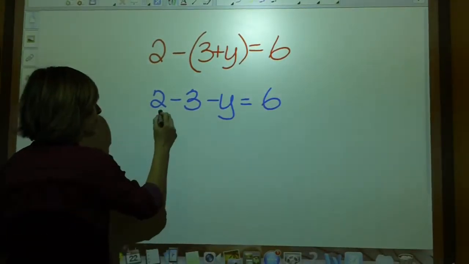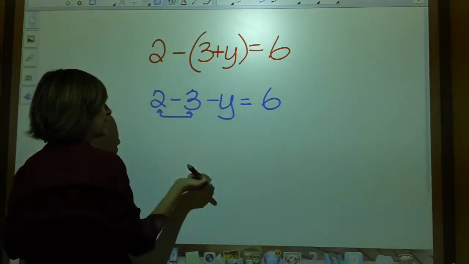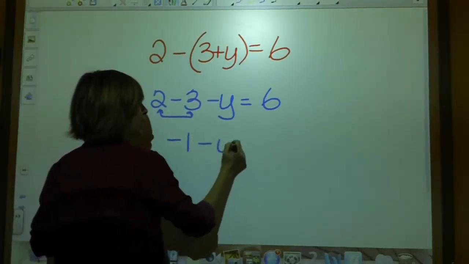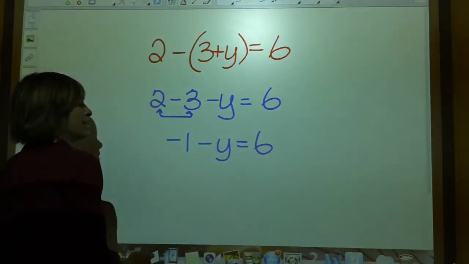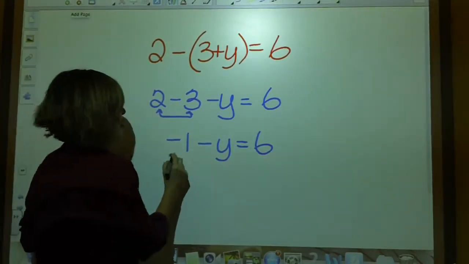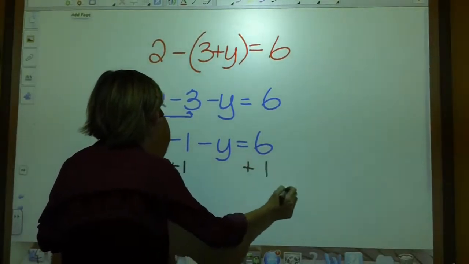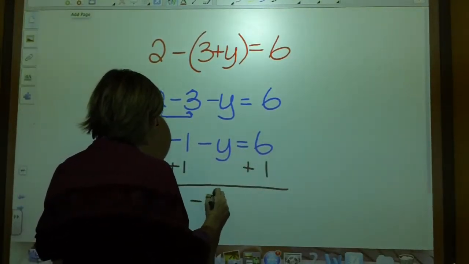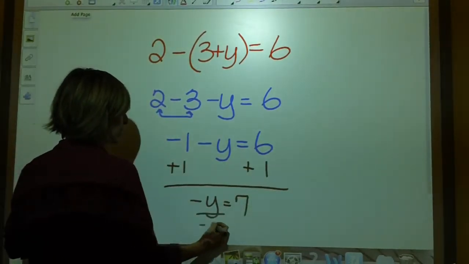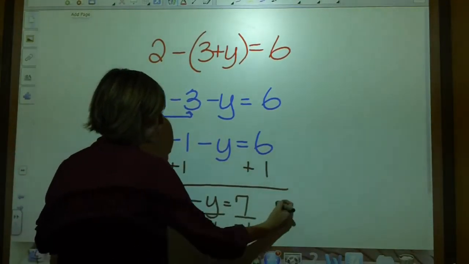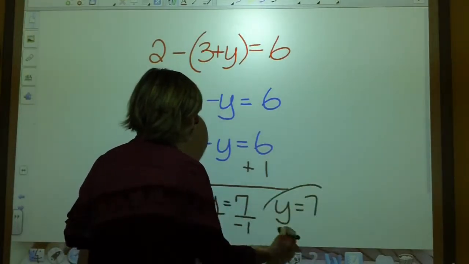Now we're going to combine the 2 and the negative 3, which is going to give me negative 1. Now I'm isolating my y, so I'm going to add 1 to both sides. So I get negative y equals 7. I'm going to divide both sides by negative 1, and so y equals negative 7.